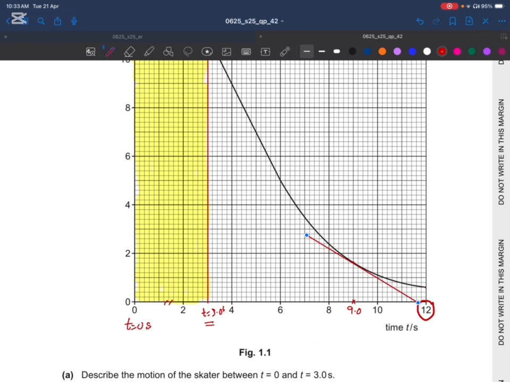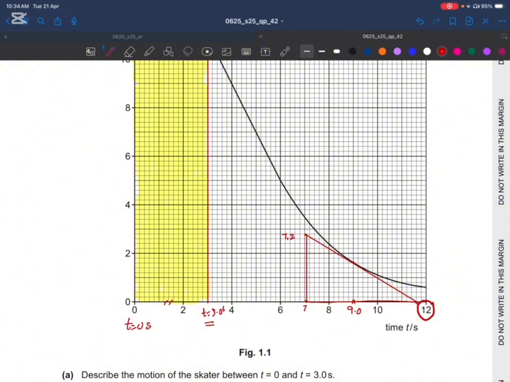Okay. So what you can do, you can simply find out the gradient and you can extend it. Here you can find the values of your coordinates, and I have taken over here coordinates which are nothing but 7 from here, and this is something like 2.8.